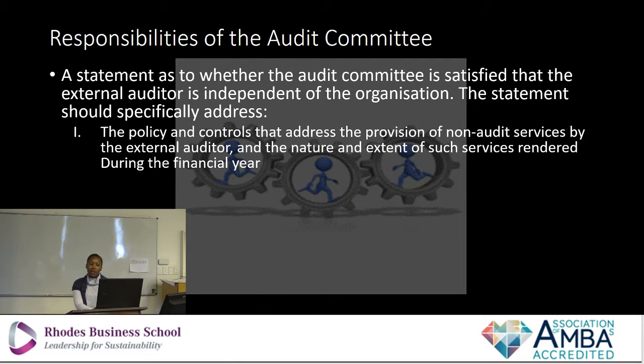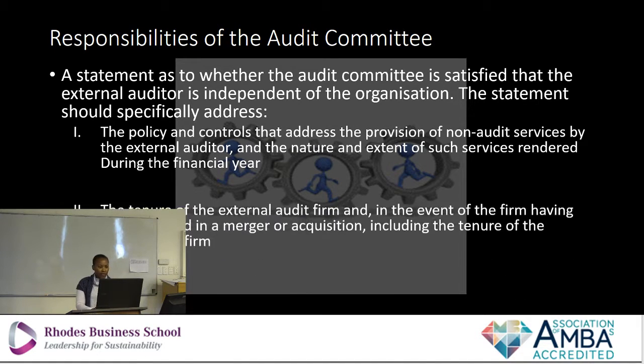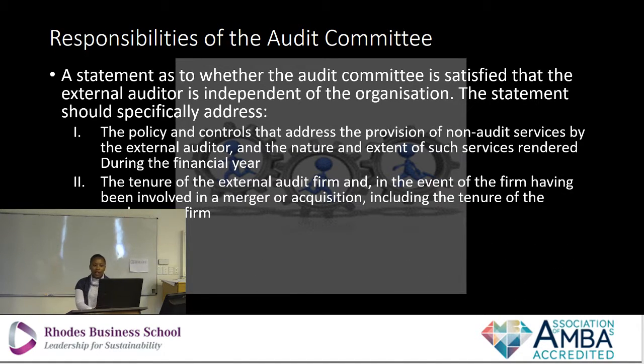Firstly, the policy and controls that address the provision of non-audit services by the external auditor and the nature and extent of such services rendered during the financial year or period at hand. The second one, the tenure of the external audit firm, and in the event of the firm having been involved in a merger or acquisition, including the tenure of the predecessor firm.